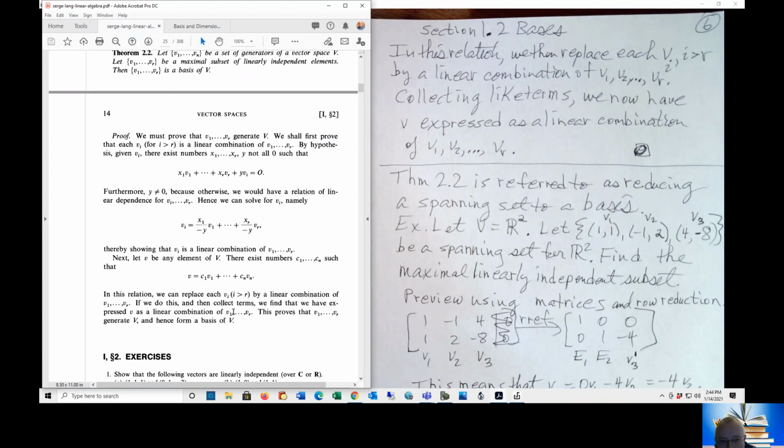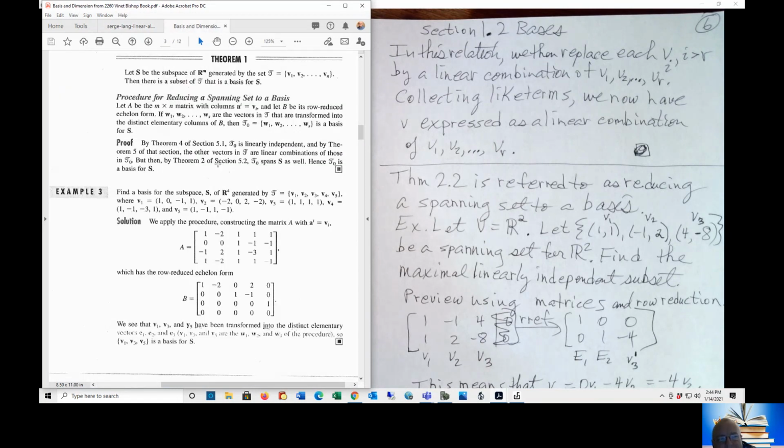It's not in the book, but I want you to refer to a handout in Brightspace, in your D2L under your content browser. Go under handouts and look at the first handout, Basis and Dimension from the 2260 Vinay Bishop book, on page 3.